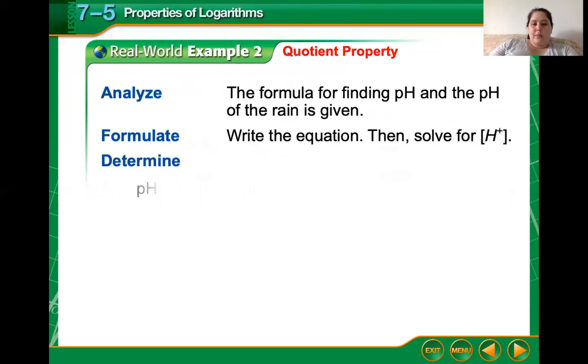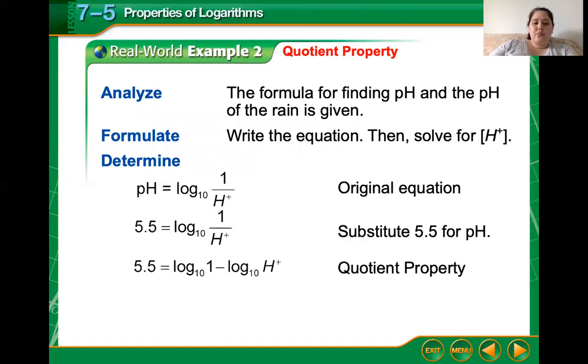With that, we can use the formula, knowing that the pH is 5.5. Since it is a quotient, we can use the quotient property.